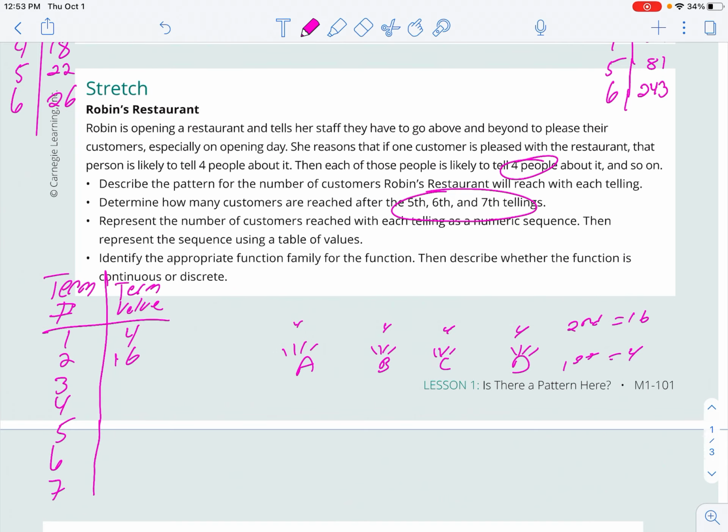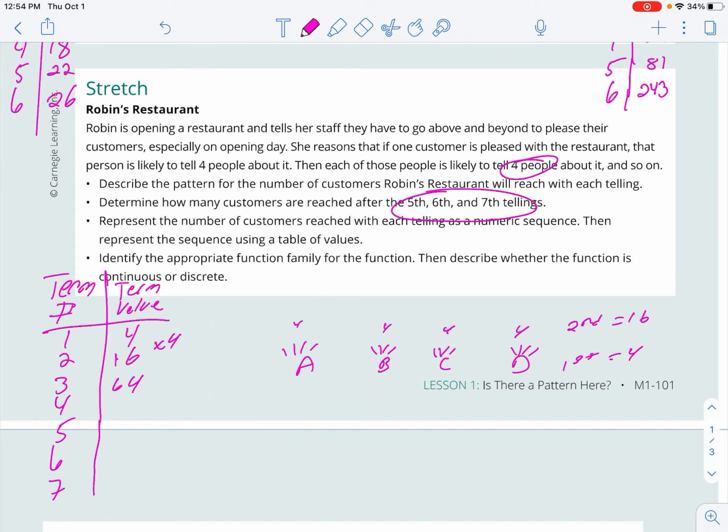So we're at 16. And then if each of those 4 people start to tell 4 more people, then we really start adding up pretty quickly. And I don't have enough room for that. But as I can see, I went from 4 to 16, and then each of those people are going to tell 4 more. So what we are doing is multiplying by a factor of 4.